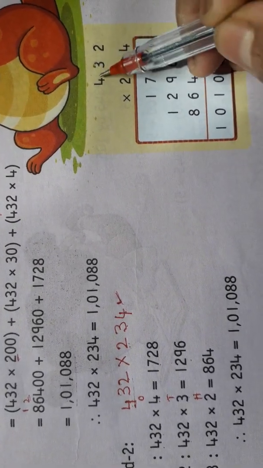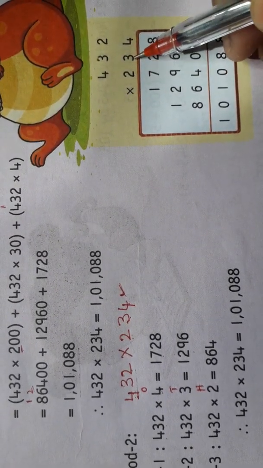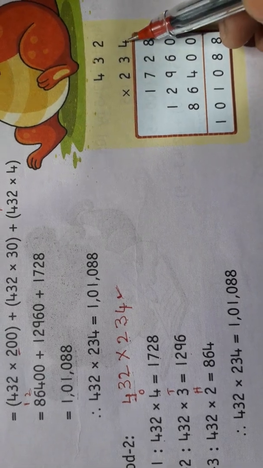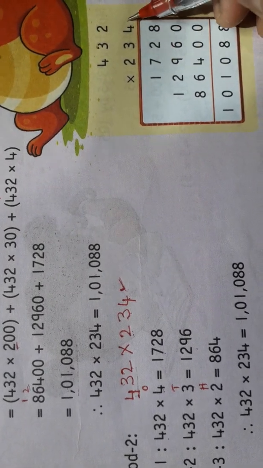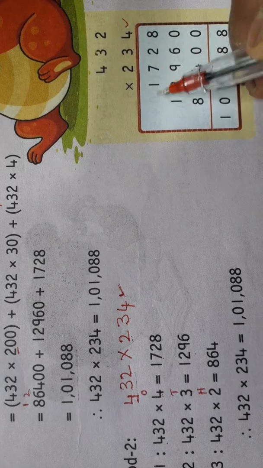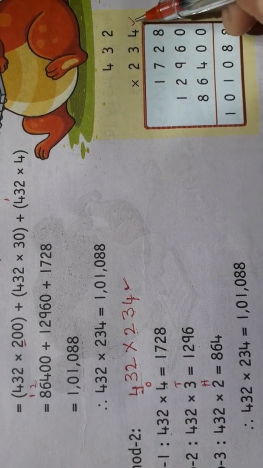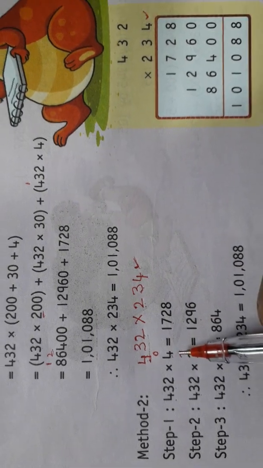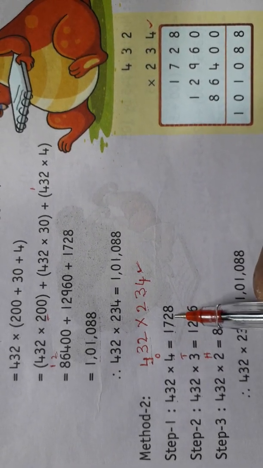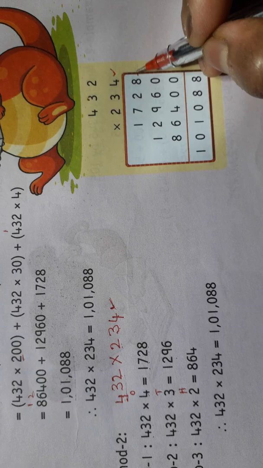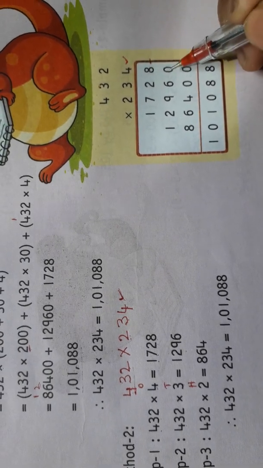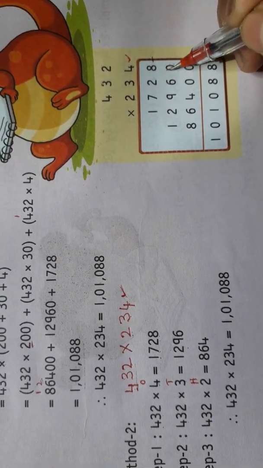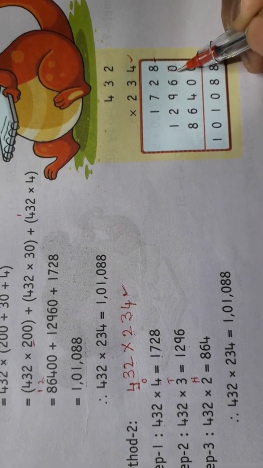Now 432 into 234. So first we want to write the number which is of 4. So what is of 4? 1728. We will write it in the first line. Then in the second line we can keep 0 or x simply.